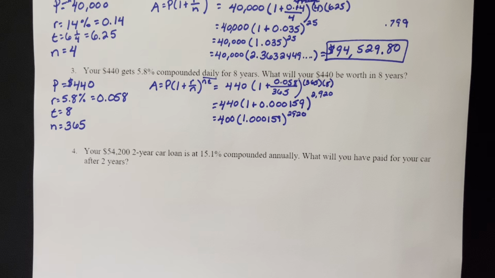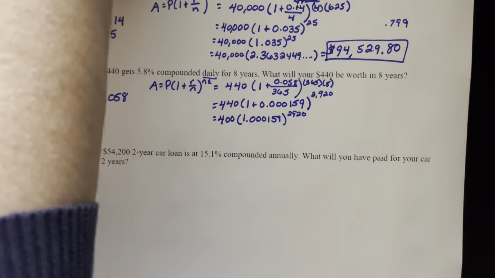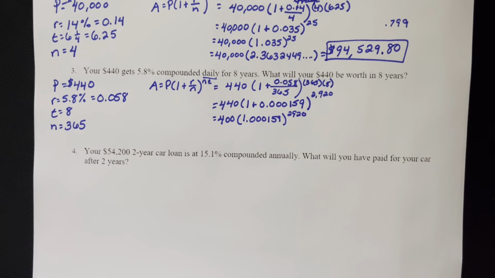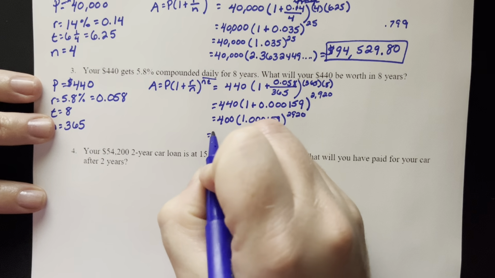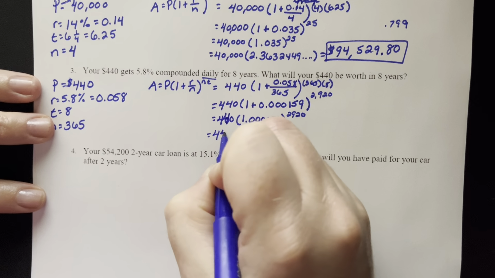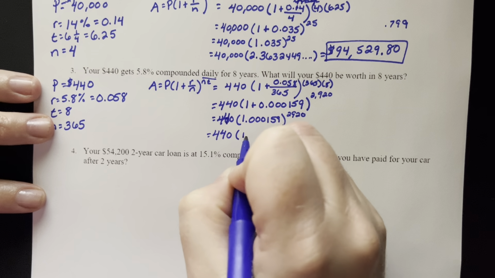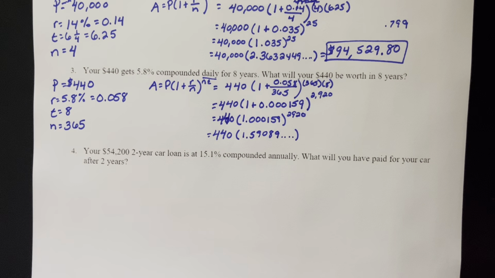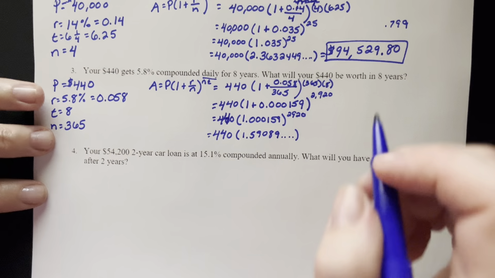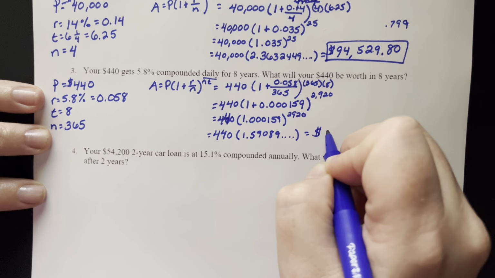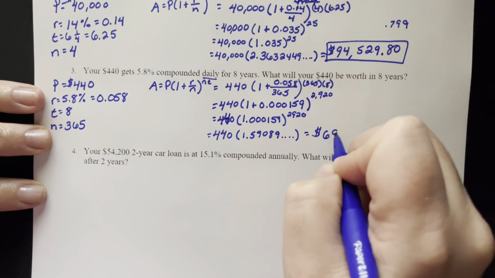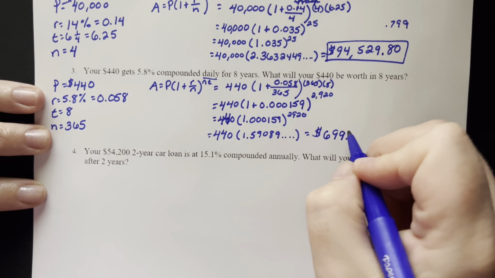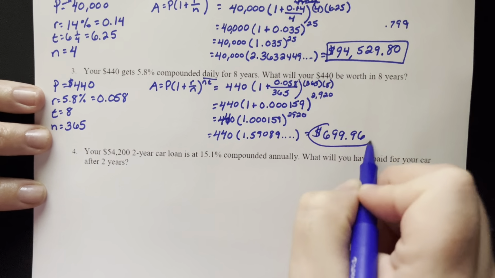So 1.000159 to the 2,920 gives us, oops, I lost it, 440 times 1.59089 blah blah blah blah blah, and then I'm just going to hit multiply 440, and I get $699.96 because we rounded.